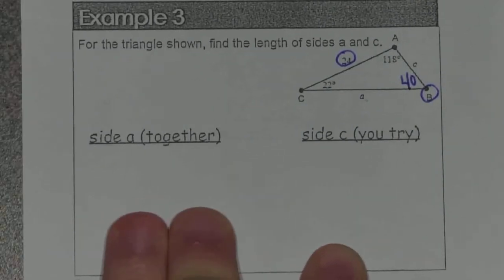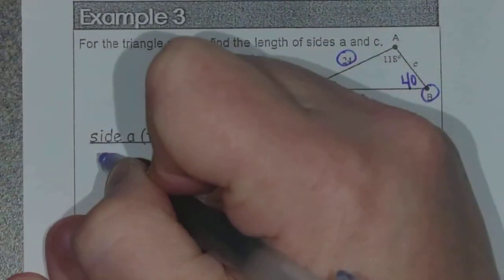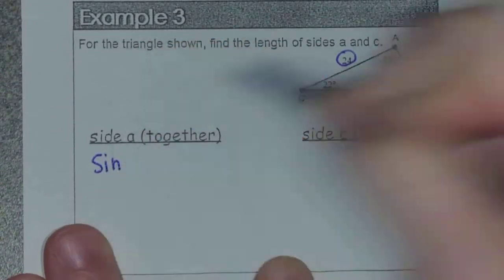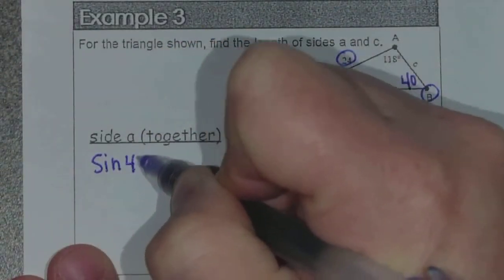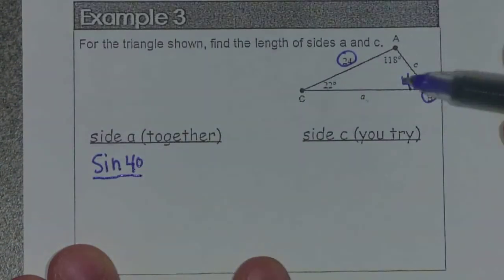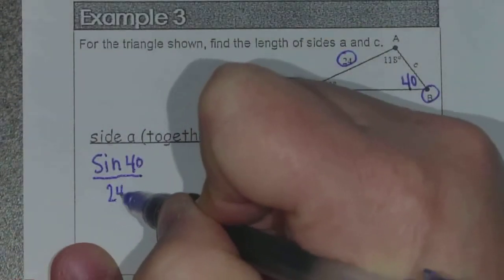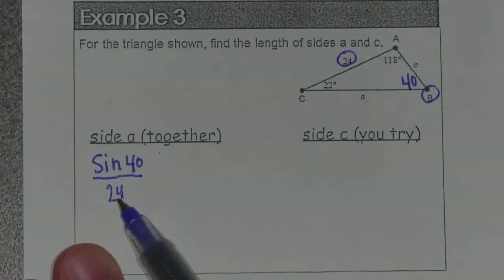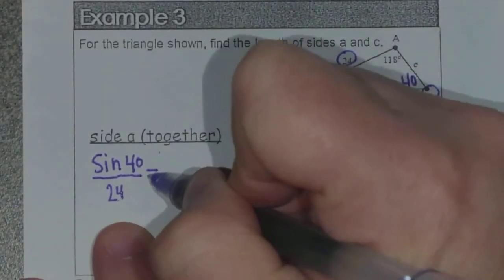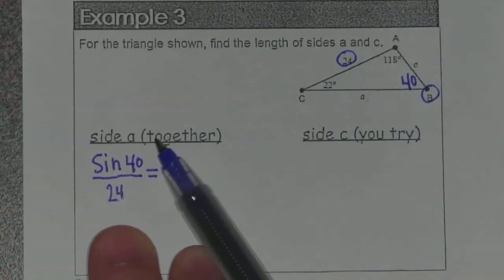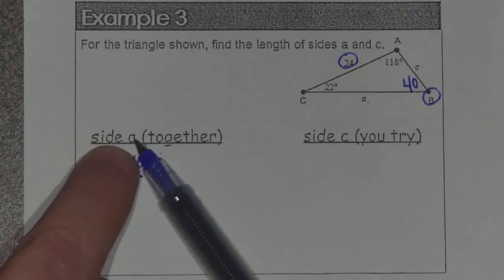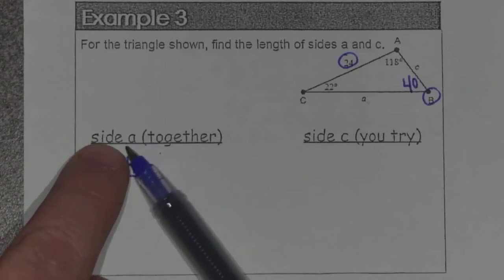Right? So I'm going to set up a proportion using those 2 parts. So it's going to be the sine of the angle over the side, which is 24. So the sine of the angle over the side, and then I'm going to equal it to the sine of the angle and the side that I'm looking for. And guess what it says I'm looking for right now?